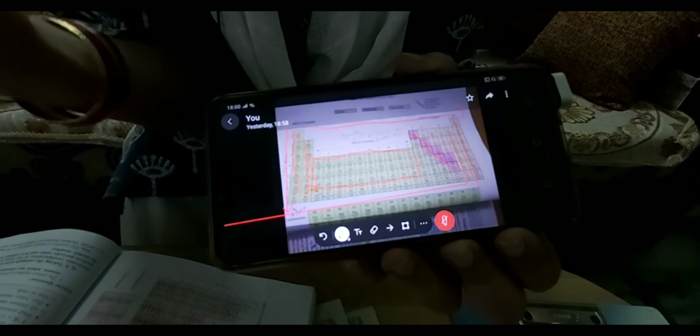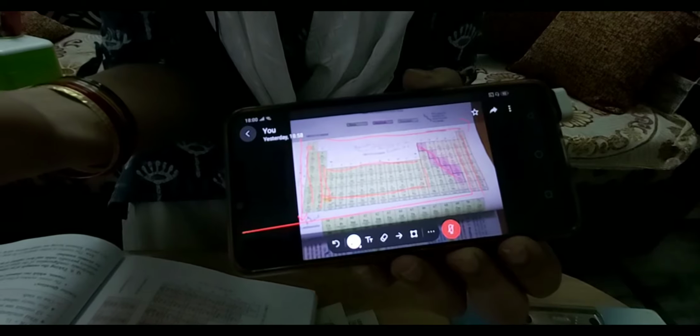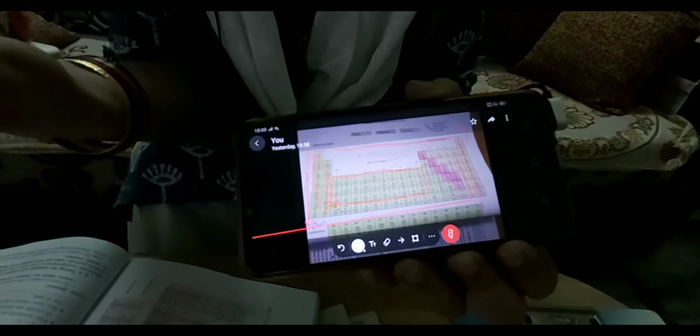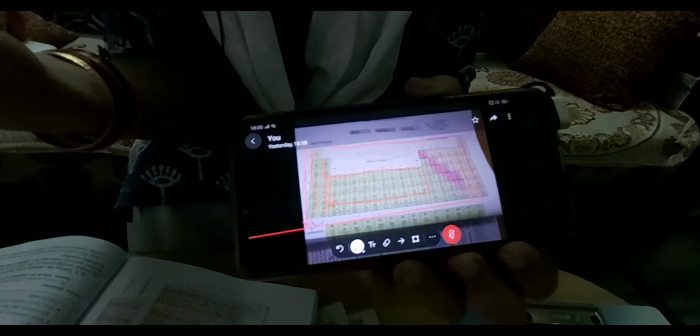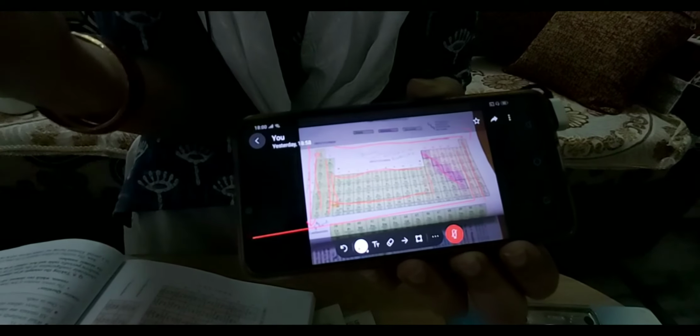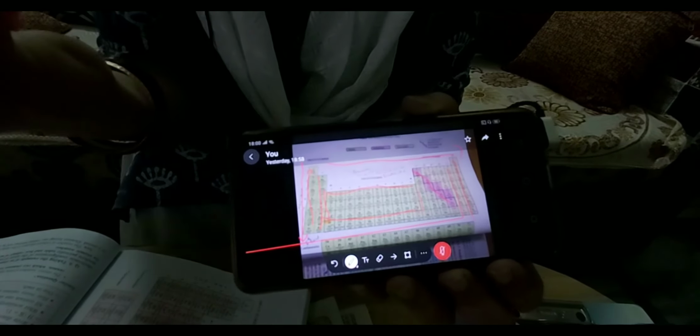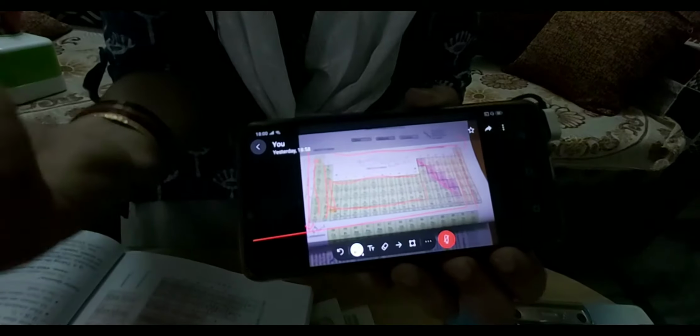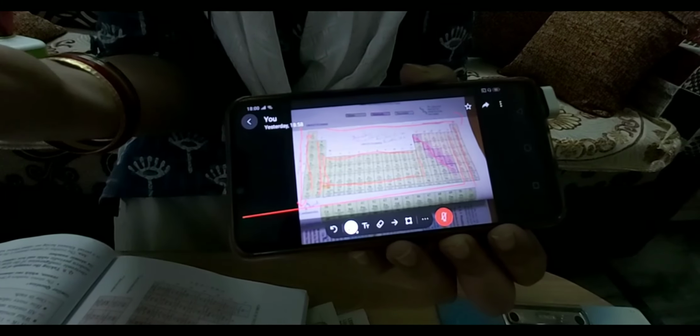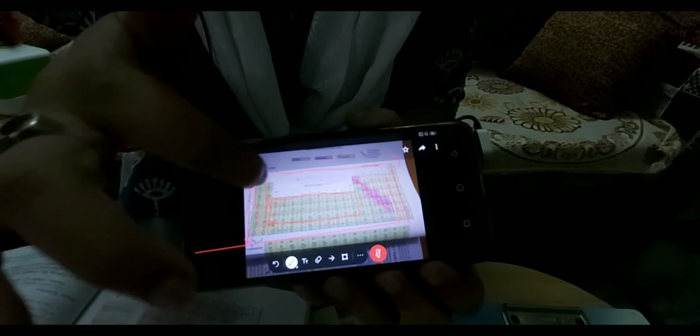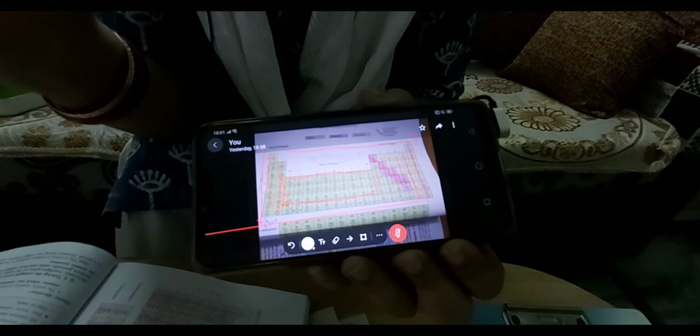Why do we call them transition elements? Because they are also called the d block elements, as the electrons in their d orbitals get successively filled here. So these are the transition elements.